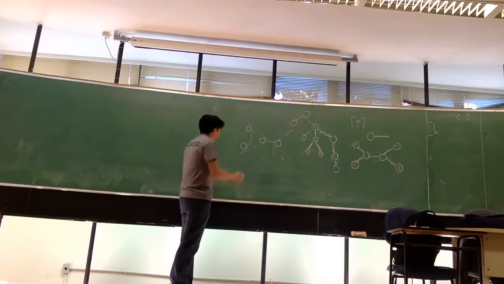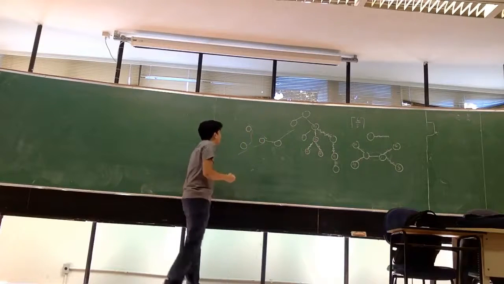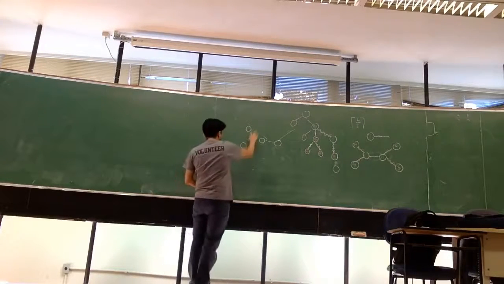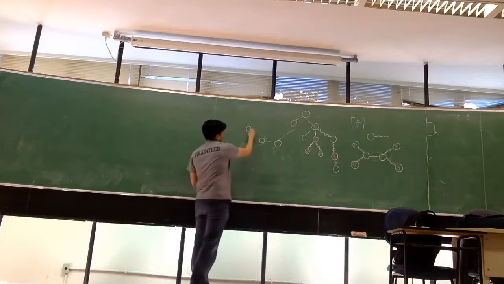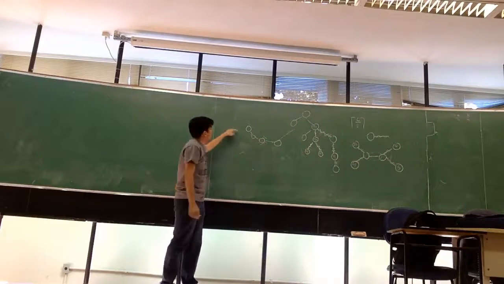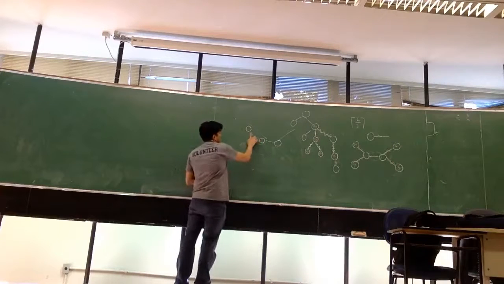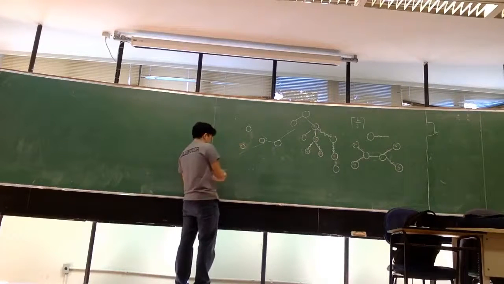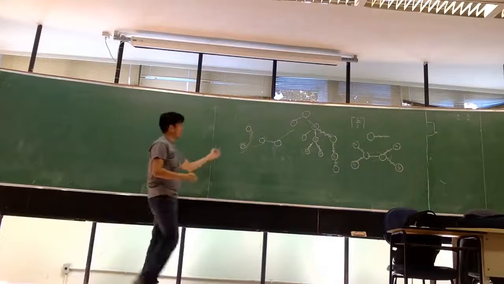Or it could be the case that there's only one leaf here. That only happens if this forms a path, and it's pretty trivial to fix this: you just make the path go through the edge. In the other case, this must happen. The same goes for the other side.